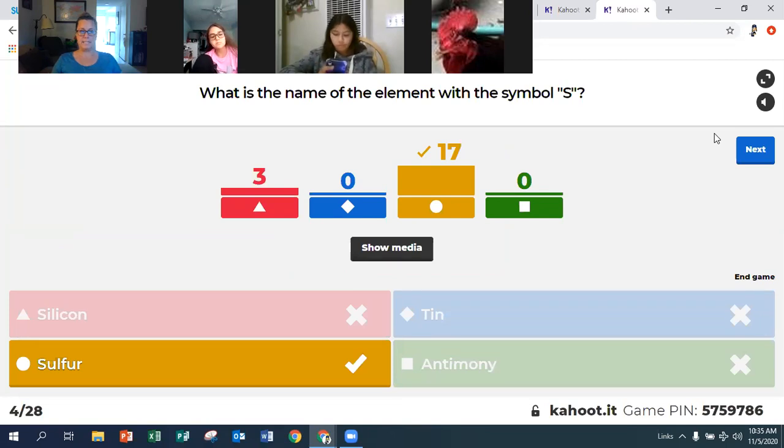Okay, sulfur is S. Silicon is Si. We find silicon on the staircase. Tin is Sn, and antimony is... no, that's astatine, At. Antimony is Sb.